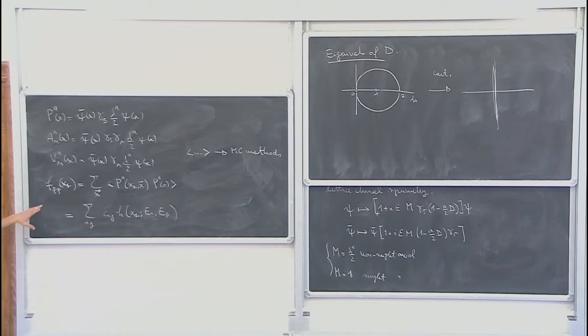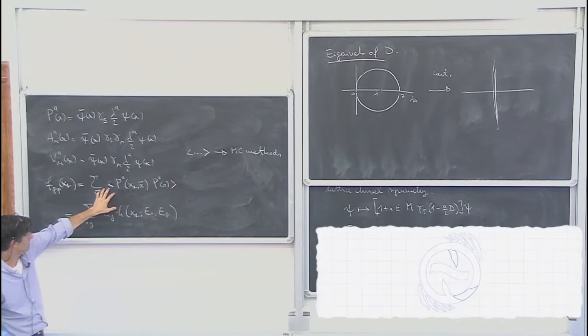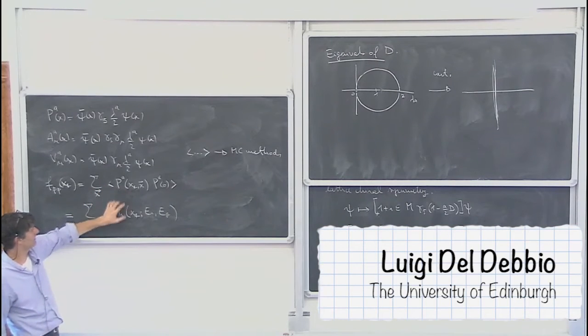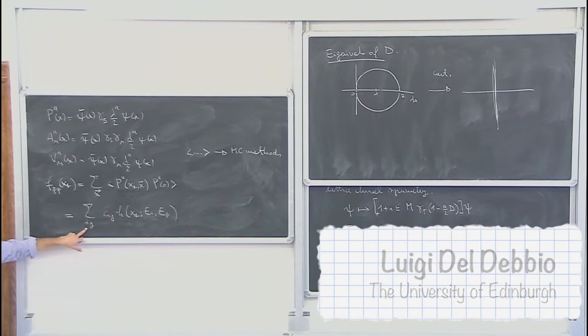So in a finite box of extent T in the fourth direction, the x4 dependence of this correlator can be written like that. There is a contribution from every state in the theory.